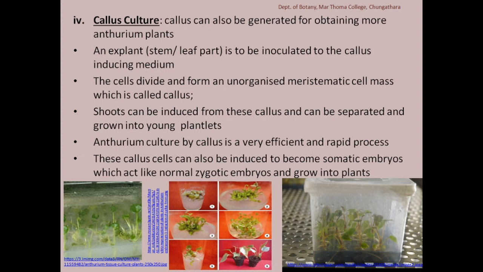It is placed on the tissue culture medium, and the cells start dividing, and from these cells small shoots arise, and it can be cultivated. Anthurium plants can be regenerated from these. This callus can also be used for producing somatic embryos, that is, embryos which are formed from normal cells.